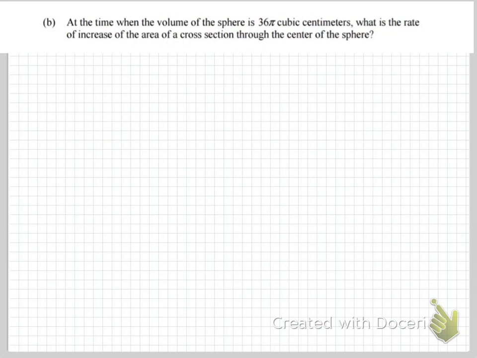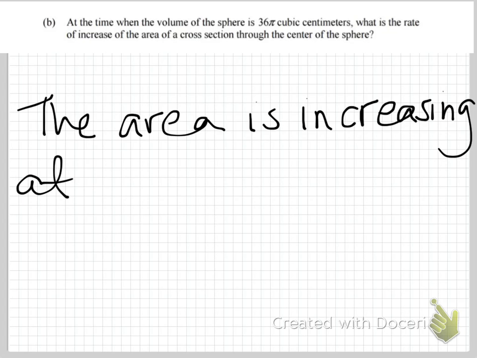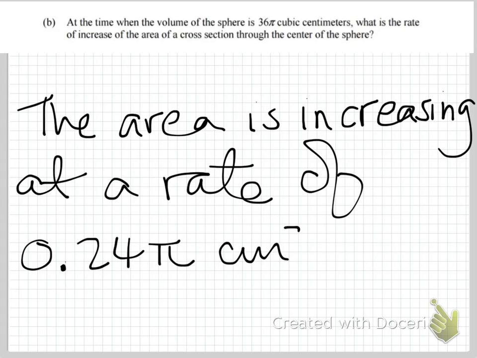So my final answer is that the area is increasing at a rate of 0.24 pi centimeters squared per second.